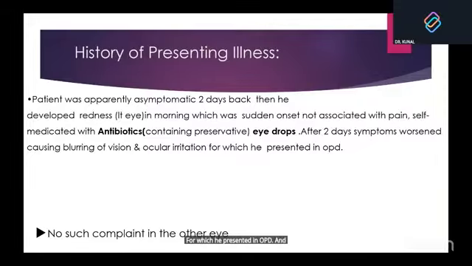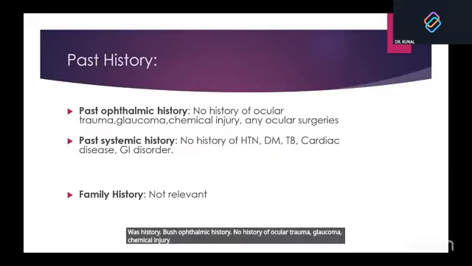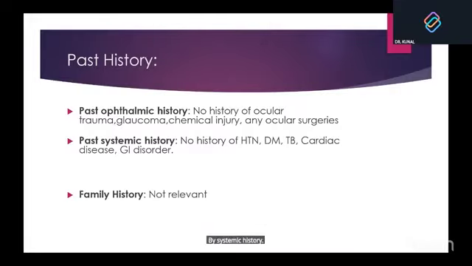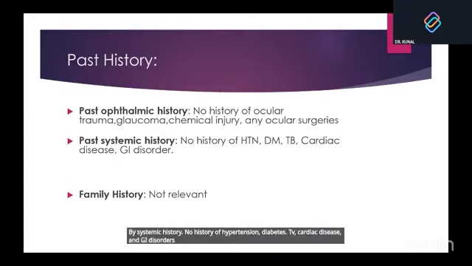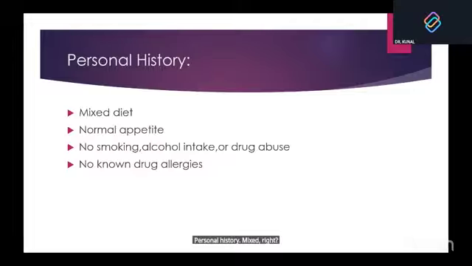And no such complaint in other eye. Past ophthalmic history: no history of ocular trauma, glaucoma, chemical injury, or any ocular surgeries. Past systemic history: no history of hypertension, diabetes, TB, cardiac disease, and GI disorders. Family history not relevant. Personal history: mixed diet, normal appetite.